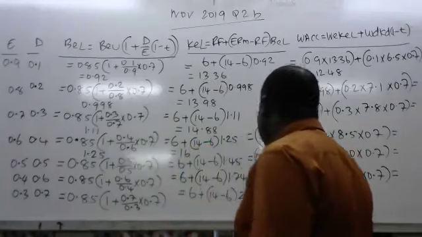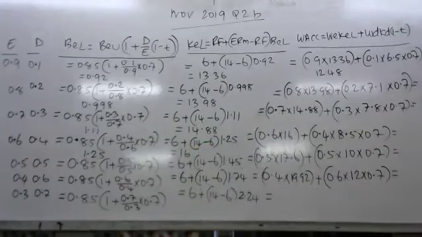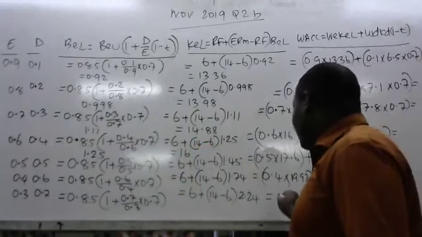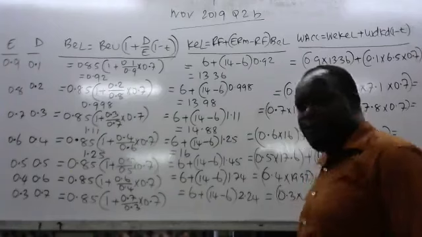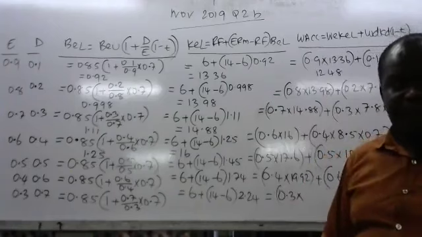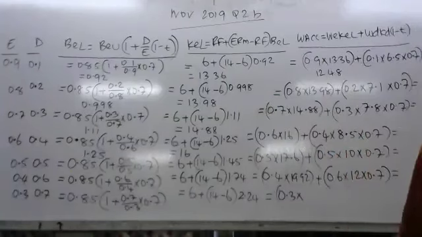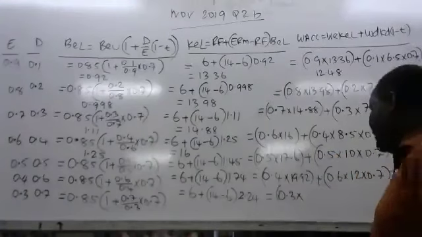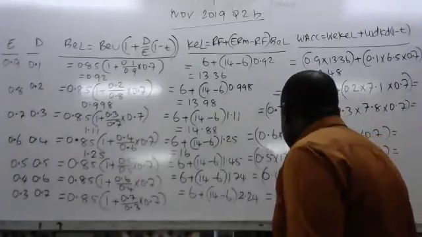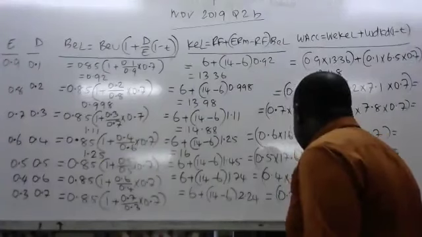Then once you have done that, we now get our WACC, which should be now 0.3. So 0.3, this other one we multiplied by which figure? Sorry. 23.92.